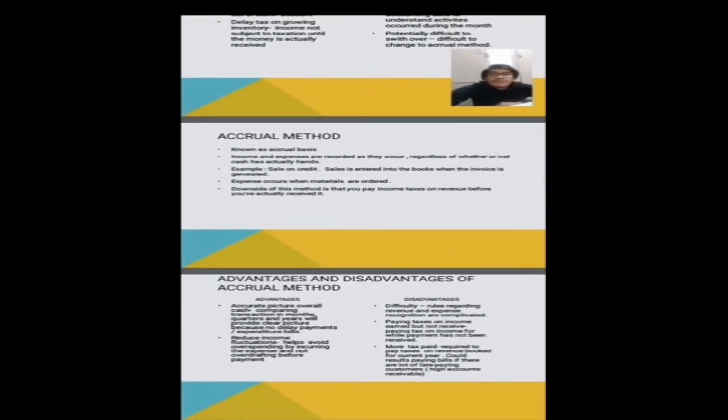Next, we move to the accrual method. In the accrual method, income and expenses are recorded as they occur, regardless of whether or not cash has actually changed hands. An example is sales on credit. The sale is entered into the books when the invoice is generated rather than when the cash is collected.